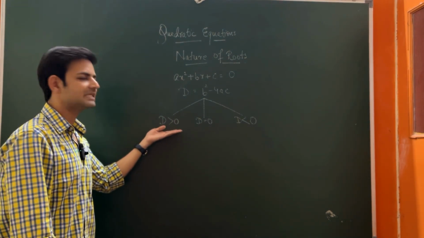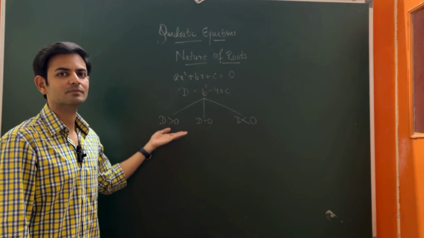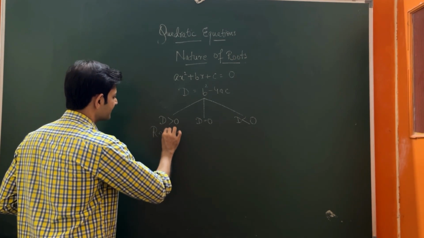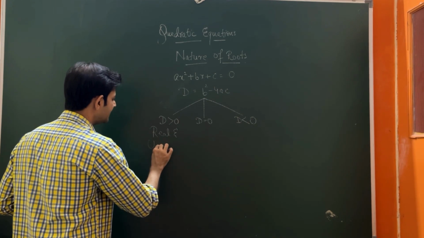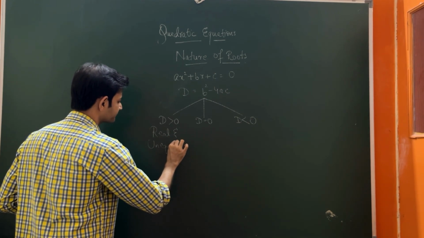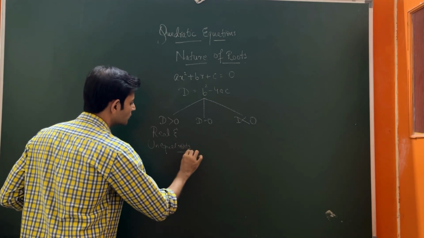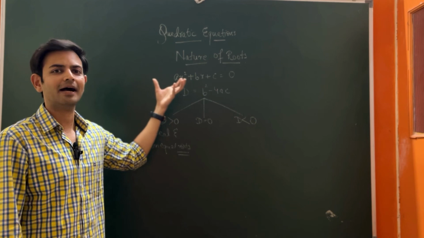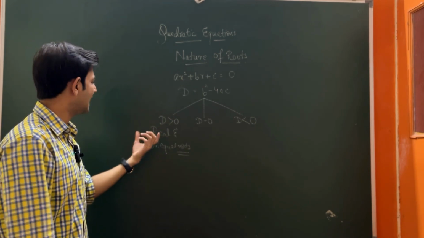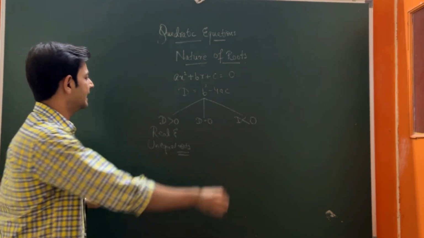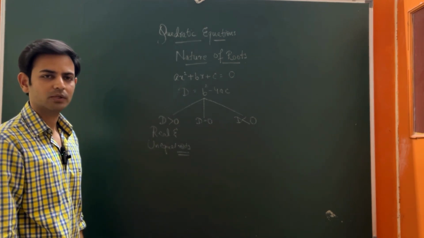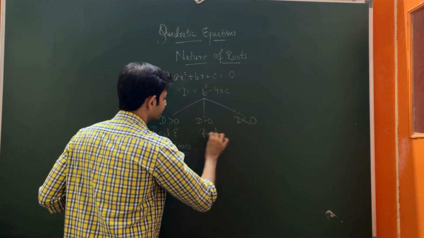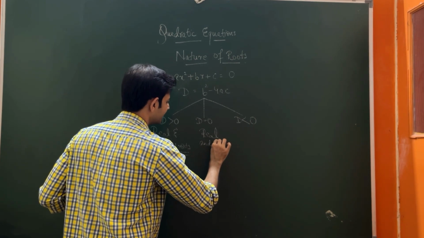Now in case D is more than 0, the discriminant is more than 0, then we say real and unequal roots. By the word roots here we mean the value of x. So the values of x will be different and they will be real. In case D is equal to 0, it means the roots are real and equal.